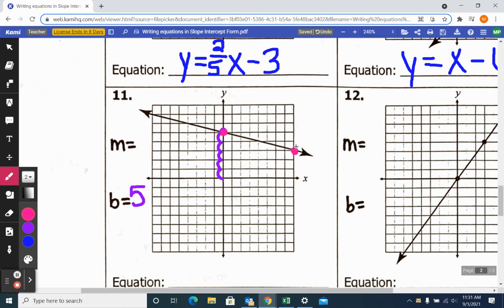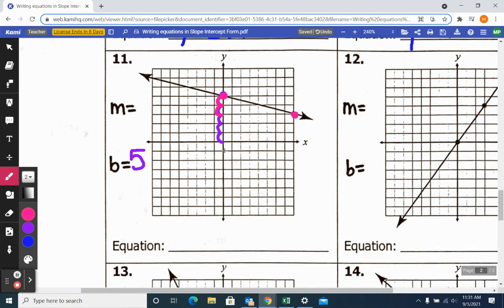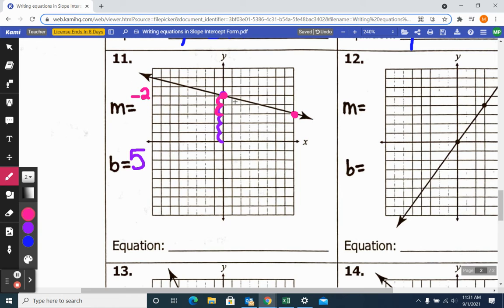Okay, so let's count. So it goes down 1, 2. So how do I write down 2? And then over 1, 2, 3, 4, 5, 6, 7, 8. So 2/8.